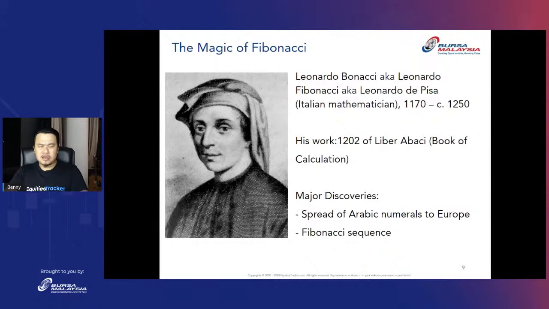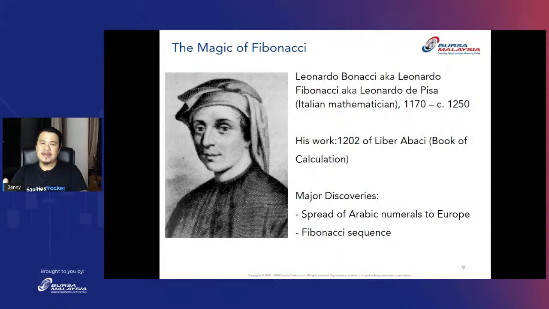I'm not sure which Arab nation he went to, but I just know that he actually went there. So he has this book called the Book of Calculation, or Liber Abaci, in 1202. Okay, and there are many discoveries that he made for mathematics.